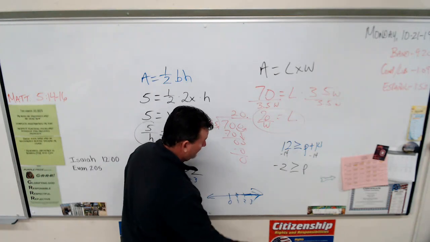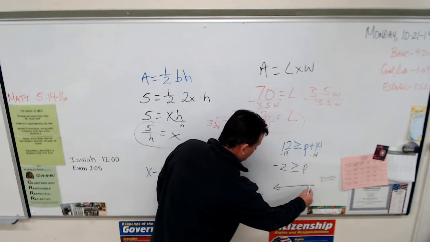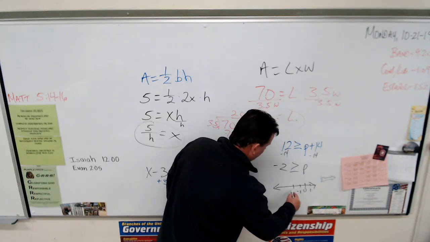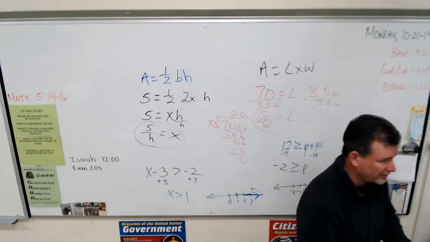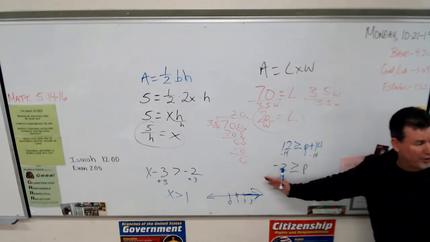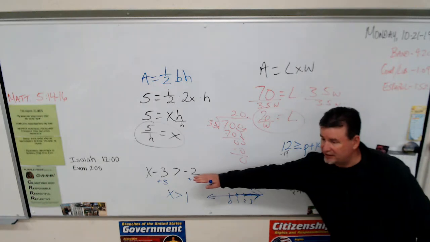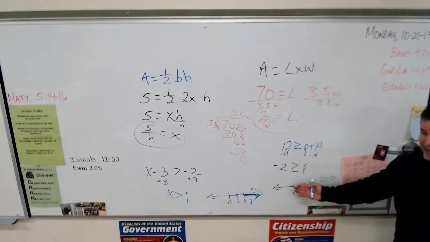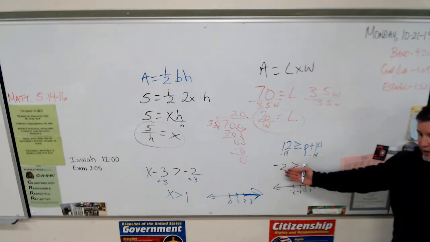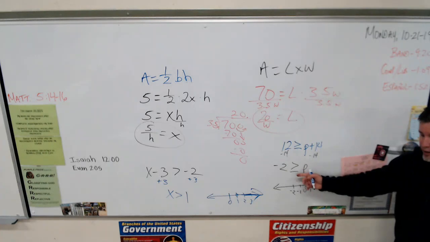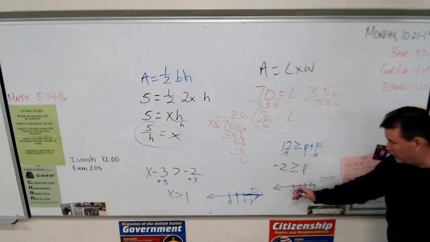So if I was going to graph that, here's 0, here's 1, here's negative 1, here's negative 2. Now here's the biggest difference. Over here I had an open circle, because everything greater than 1 fits that inequality. Here it's P is less than or equal to negative 2. You see how I'm reading that? So here's negative 2.